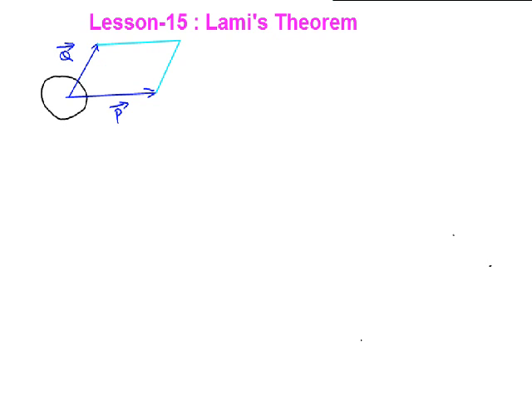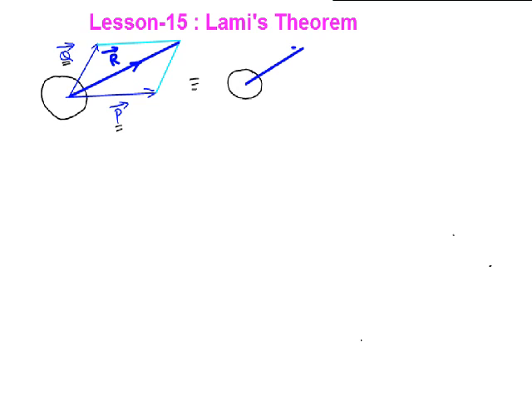The resultant is given by the diagonal of the parallelogram, which we represent by, let us say, R. By definition, the resultant is that single force which will produce the same effect as the applied forces P and Q. So we can say that this situation is identical to the same object on which only one force, namely the resultant, is acting.